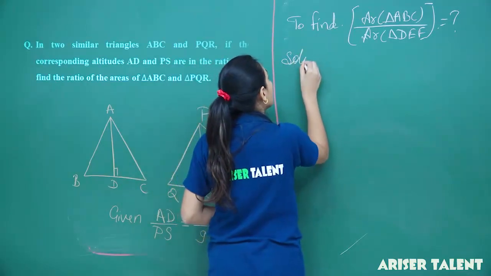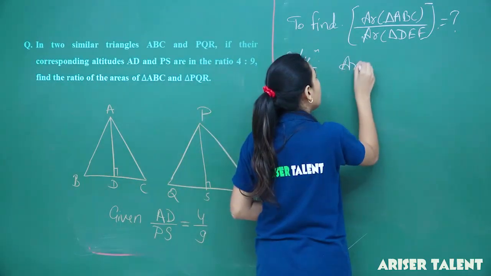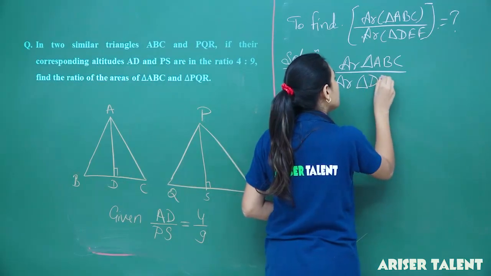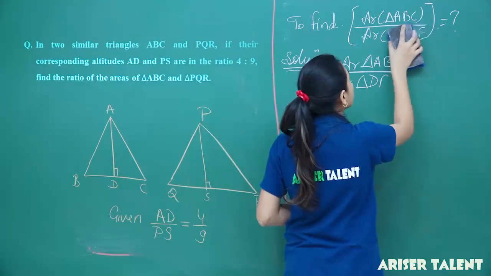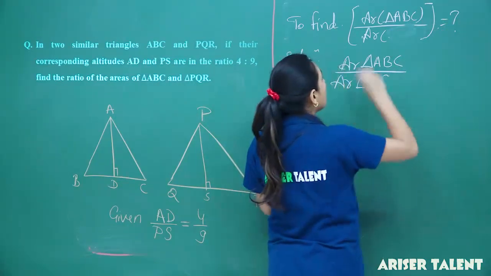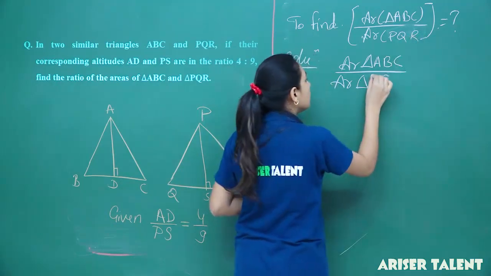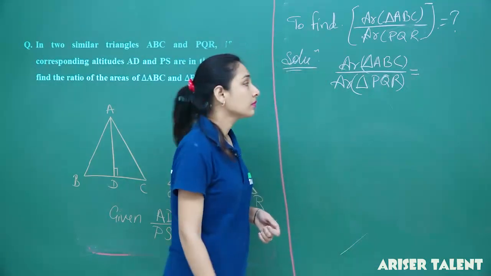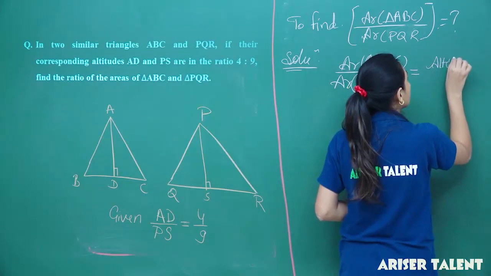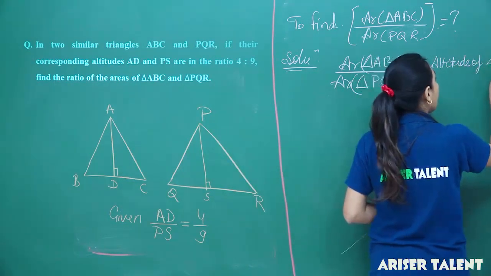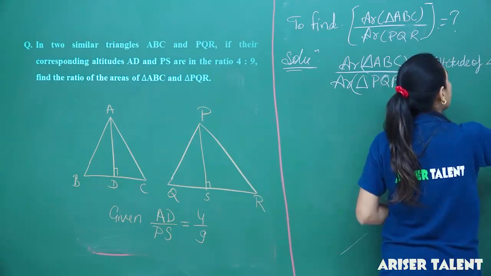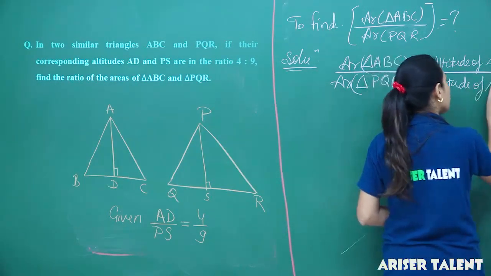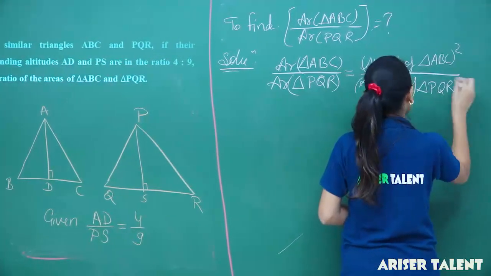So the solution is here, that area of triangle ABC upon area of triangle PQR, okay, this is equal to the altitude of triangle ABC squared upon the altitude of triangle PQR squared.